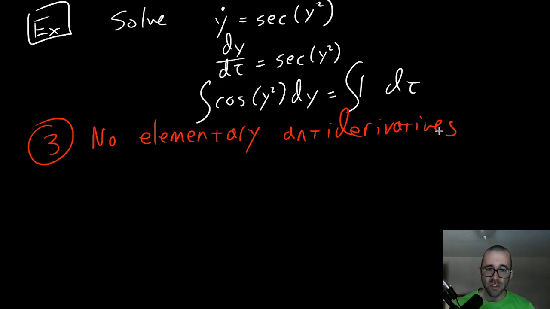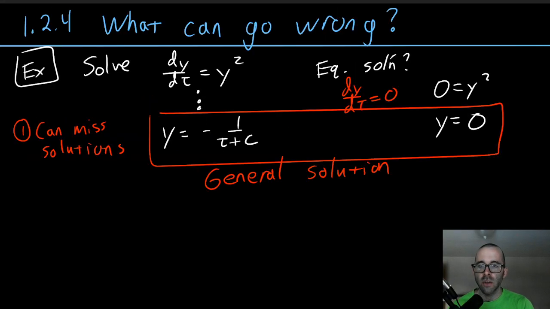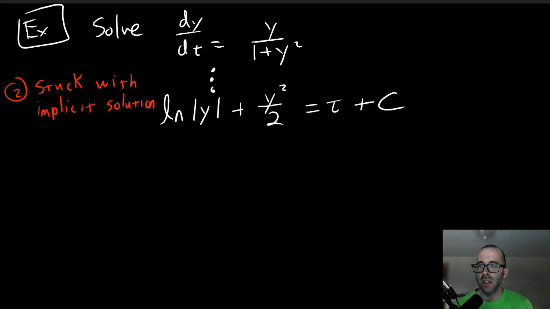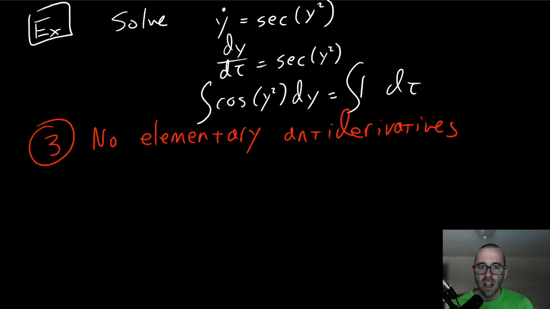But again, the good news is, and this is one of the things that I love how our textbook really organizes things, analytic solutions are not the be-all end-all, right? We talked about how with this specific analytic method, we can miss solutions. We can be stuck with an implicit solution and can't get an explicit one. And sometimes we can't get a solution at all because there's no elementary antiderivative for what we need.